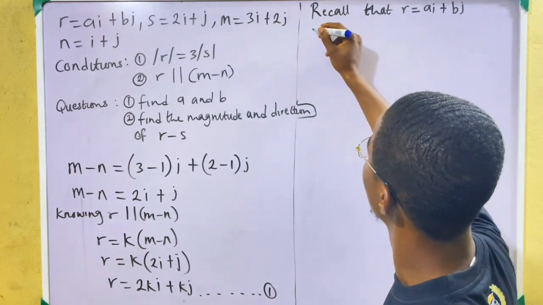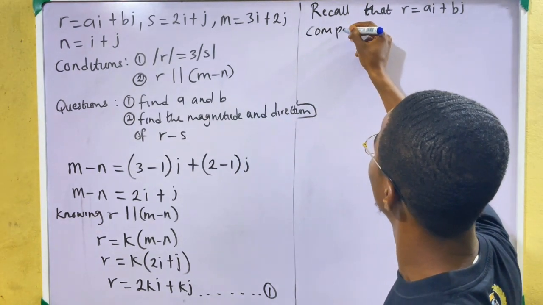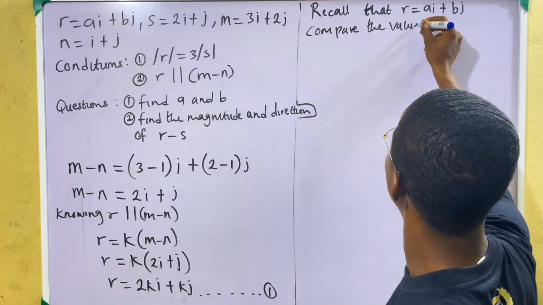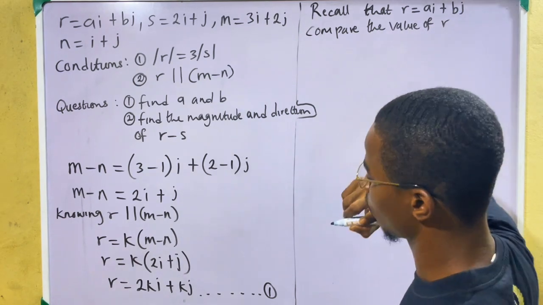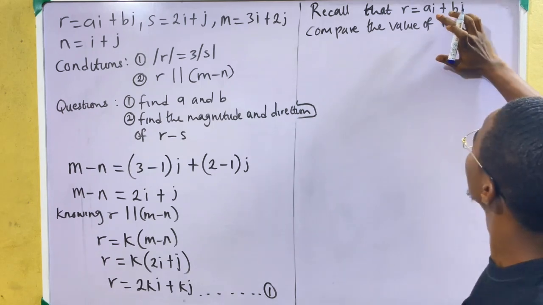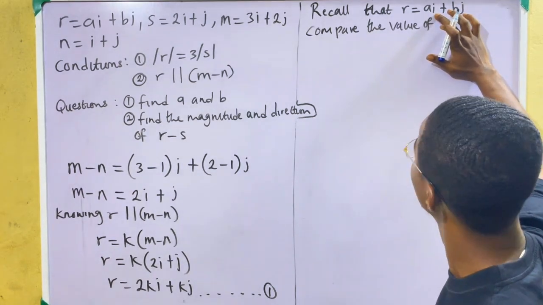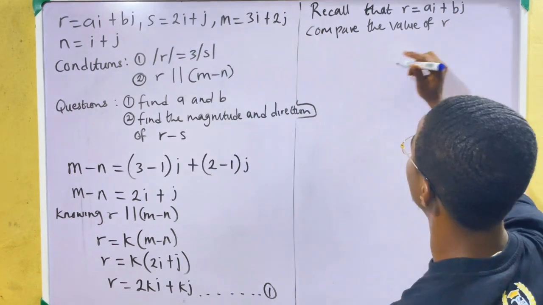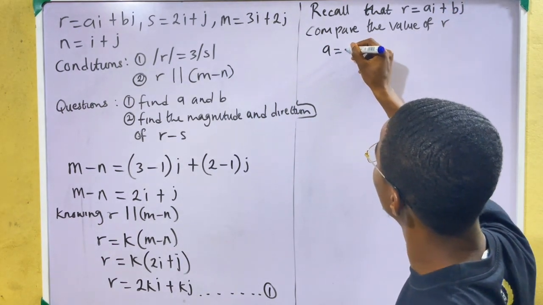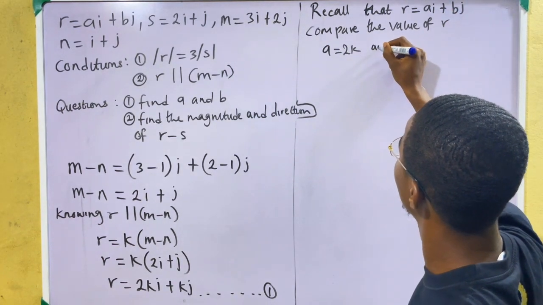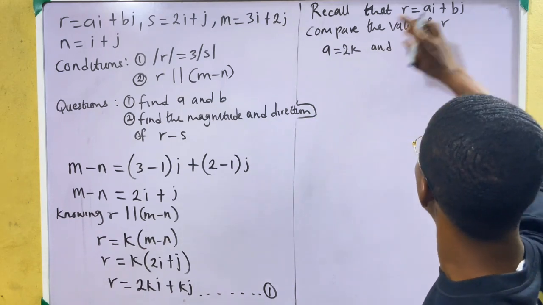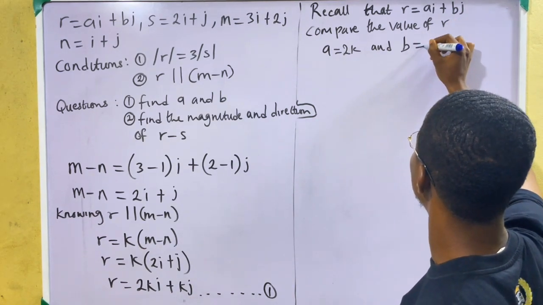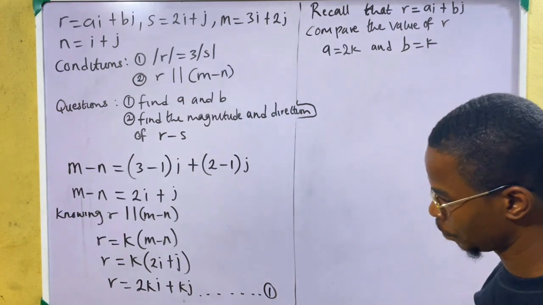And if we compare, we can see the coefficient of i here is a and the coefficient of i here is 2k. So we can say a is equal to 2k. And the coefficient of j here is b, the coefficient of j here is k. We can say b equal to k.